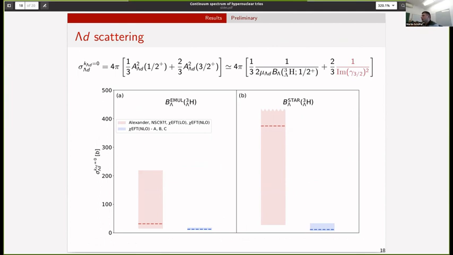If we calculate the lambda deuteron scattering total cross section at zero momenta, then this total cross section is a sum of spin doublet and spin quartet components.